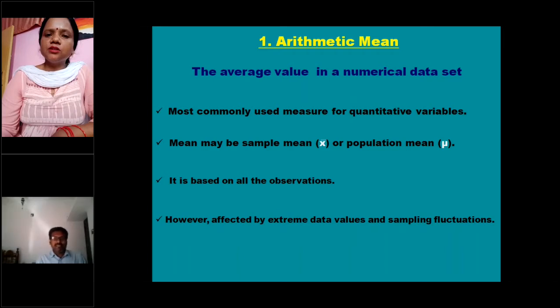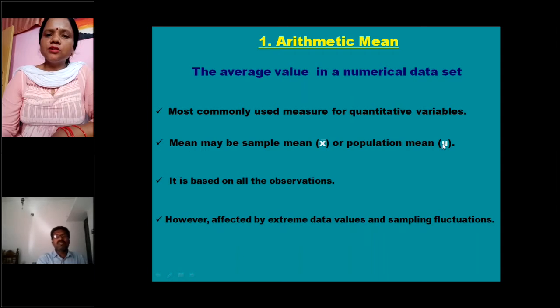And usually we collect the samples from the population, and the mean found out using these samples is called the sample mean. Or if you take the entire individuals of the population, then it becomes known as the population mean. And the sample mean can be denoted with x bar and the population mean with mu.